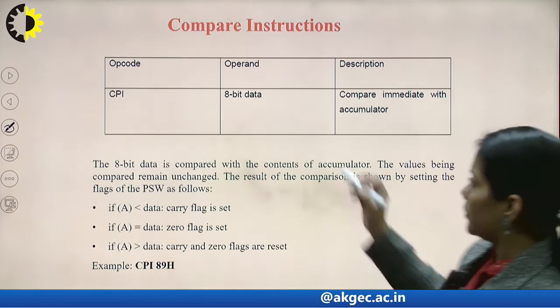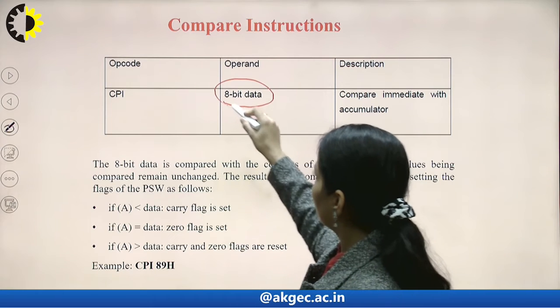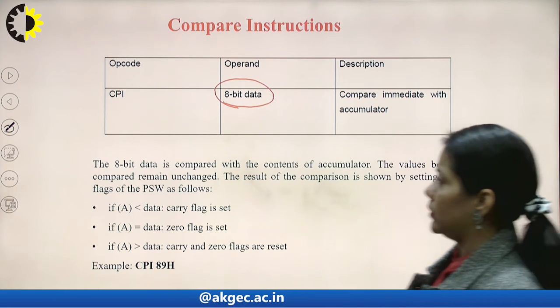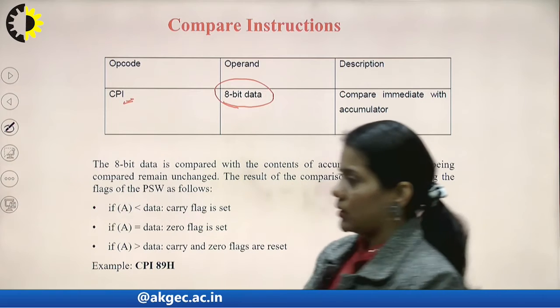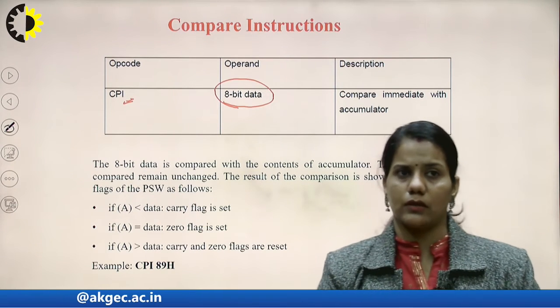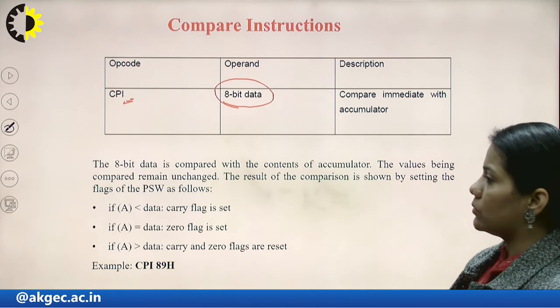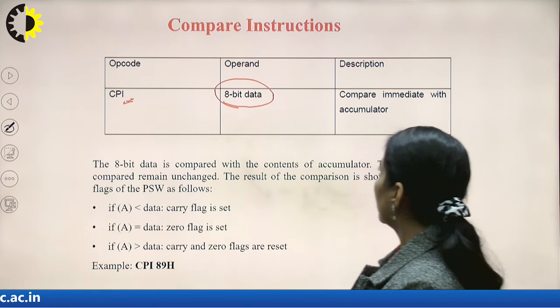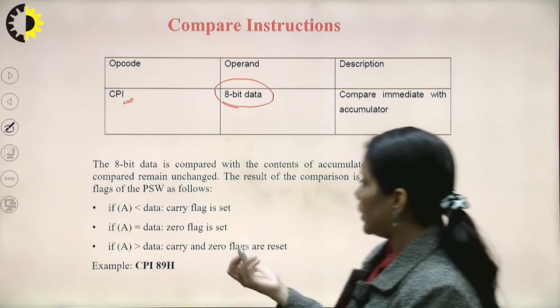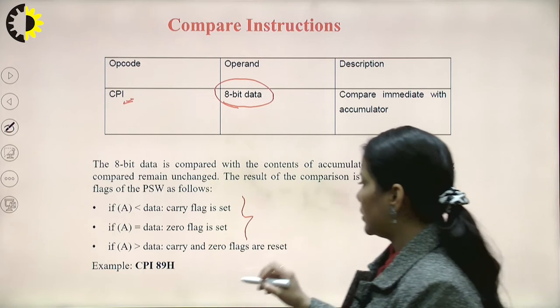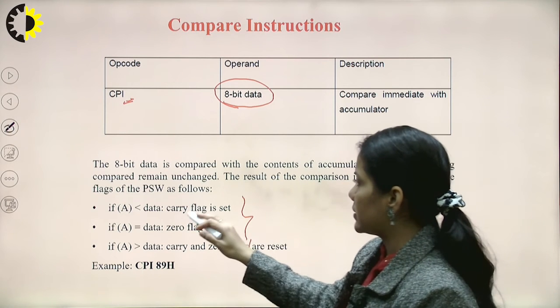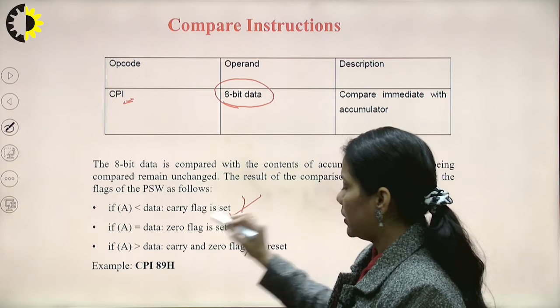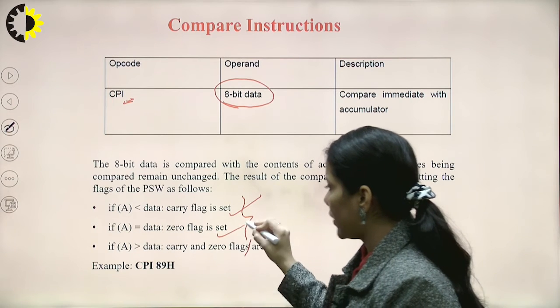Next, the immediate data is compared to accumulator, and the instruction is CPI. As the mode suggests, this is the immediate addressing mode, and the I denotes that this is immediate data. Again, 3 conditions. If accumulator is less than the data, carry flag is set. If accumulator is equal to data, zero flag is set.